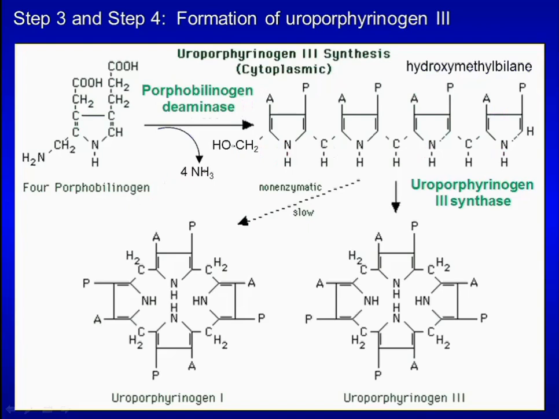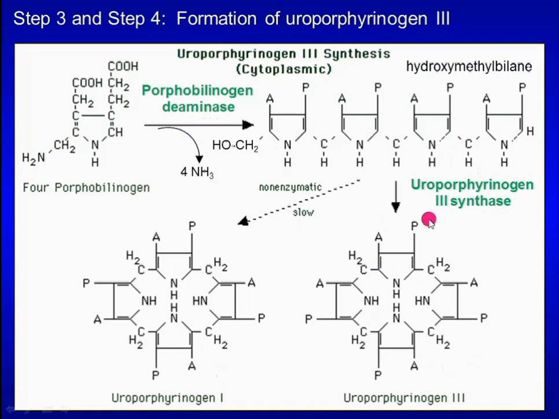In the fourth step, hydroxymethylbilane can be spontaneously converted to uroporphyrinogen 1. This compound can also be converted to uroporphyrinogen 3, catalyzed by uroporphyrinogen 3 synthase.